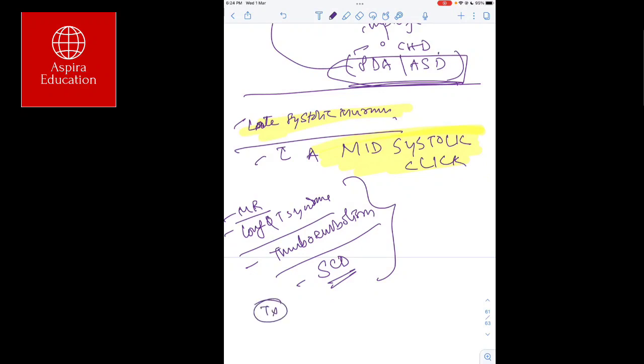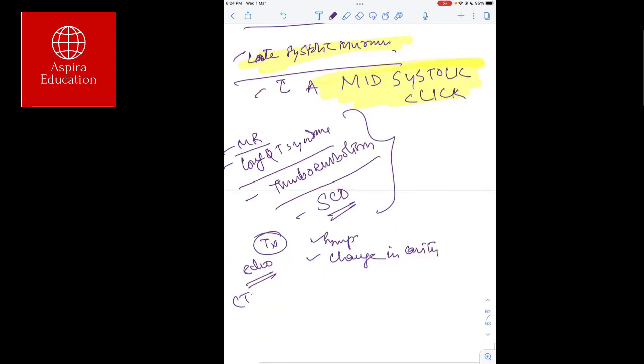Treatment, fortunately for MRCP part 1, not much will be asked. Symptomatic treatment. Also look for change in the cavity. We have to go for an echocardiogram, and occasionally we look at the heart through a transesophageal echo.